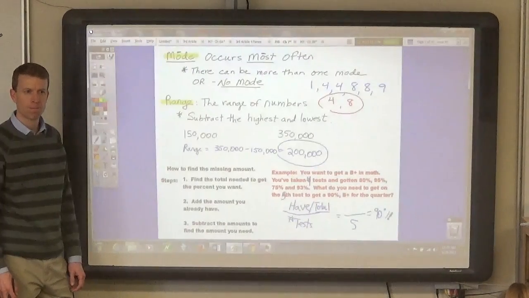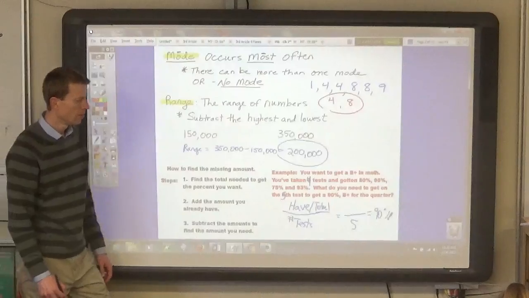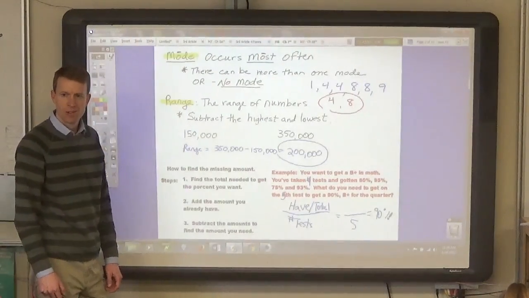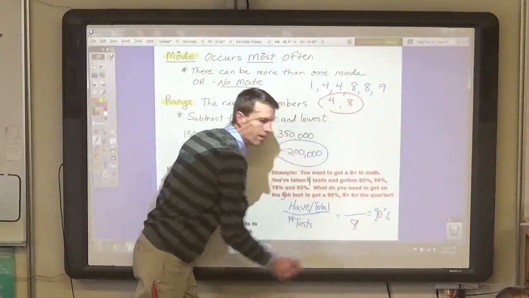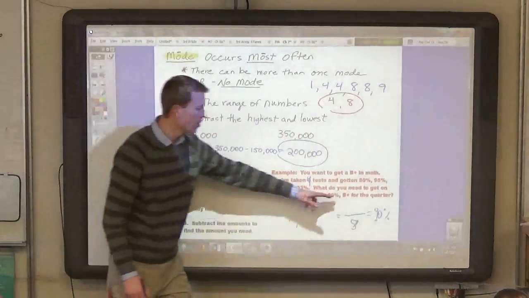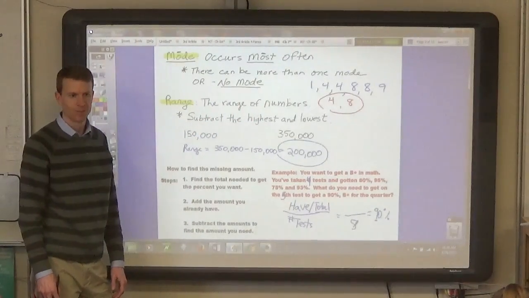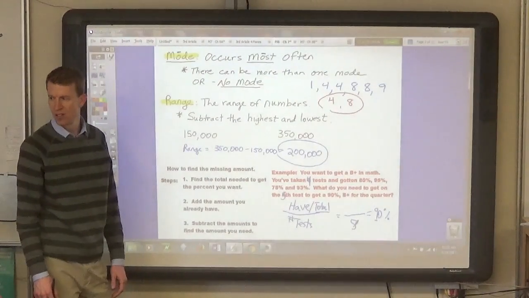What's the missing value here? Let's just look at this. What would give you a 9? What number divided by 5 equals 9? What's the missing amount? What number divided by 5 equals 9?